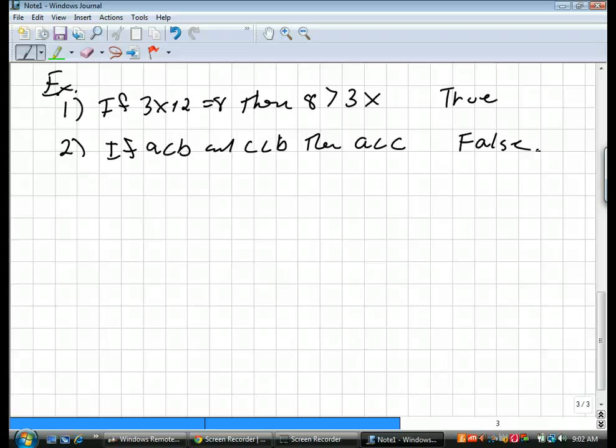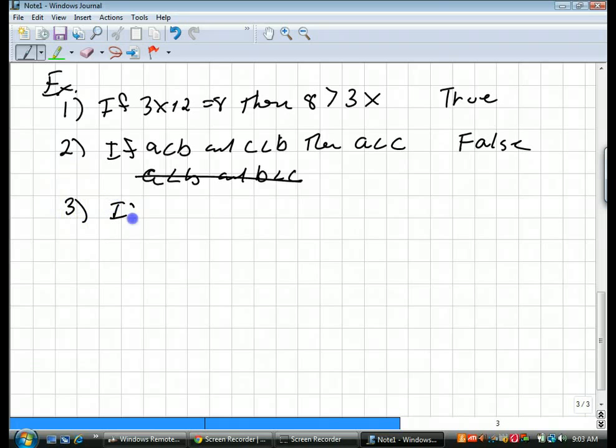To be true, it would have to be A less than B and B less than C. Then it would be true. But the way it's written, it is not true.